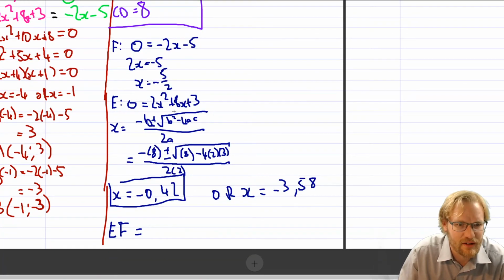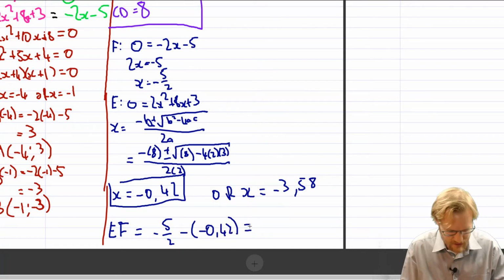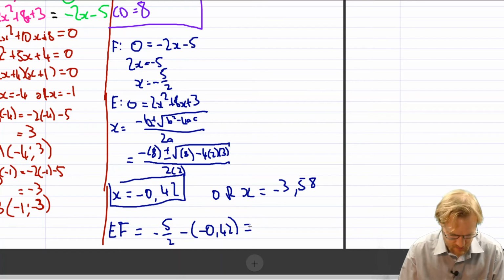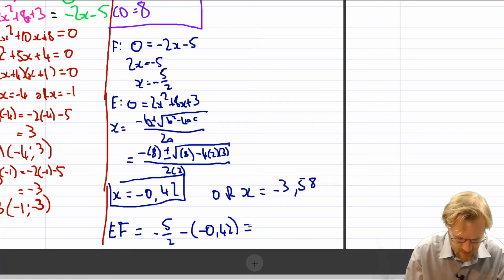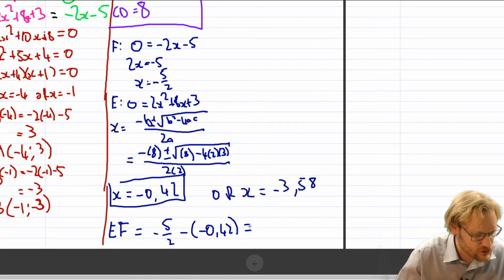So E was minus 5 over 2, and we're going to subtract F, 0.42, and let's see what we get. Minus 5 over 2 minus 0.42 is minus 2.08.